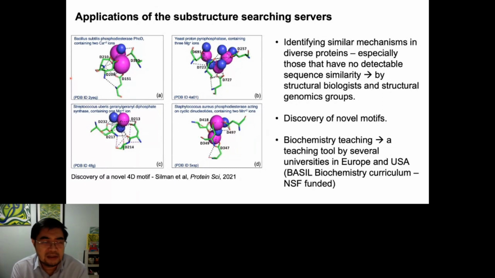We find that this is used a lot by structural biologists and structural genomics groups. In this particular case, it led to the discovery of a novel motif of a four-aspartic arrangement that was first found in acetylcholinesterase from a stingray, if I'm not mistaken. And it was found to occur in other enzymes as well.